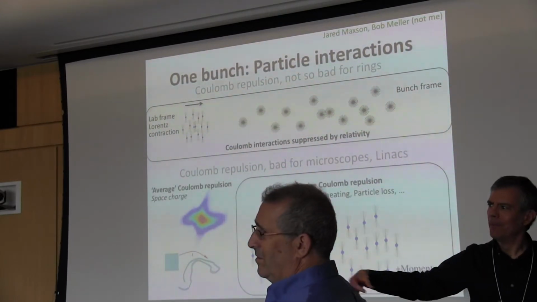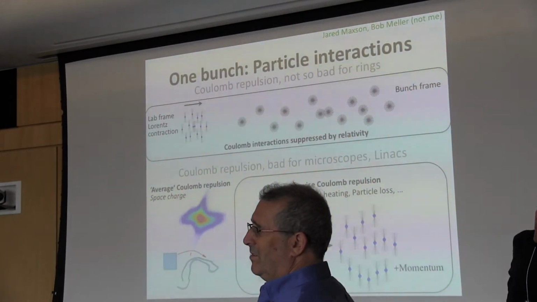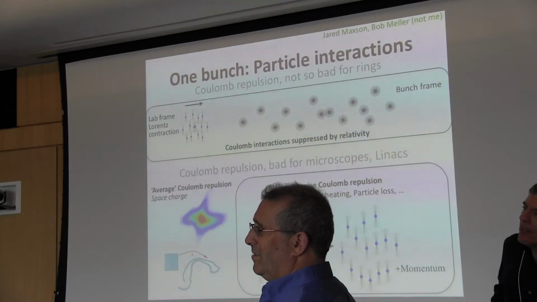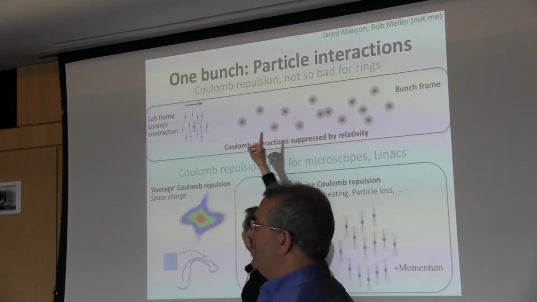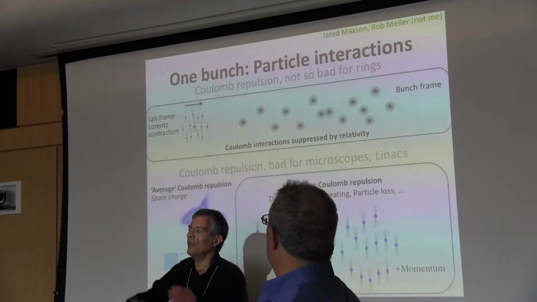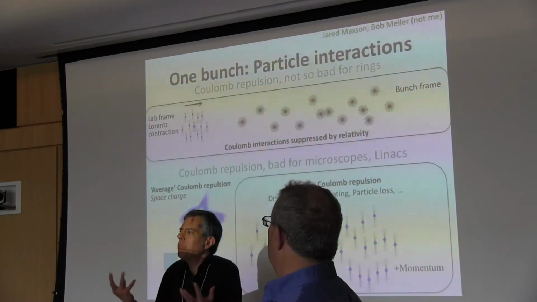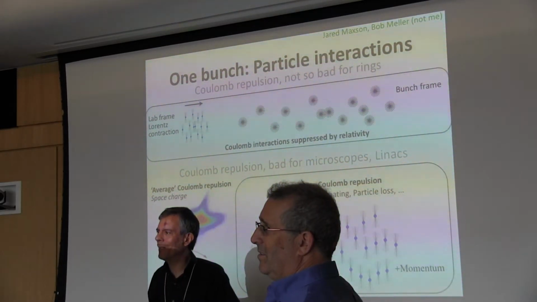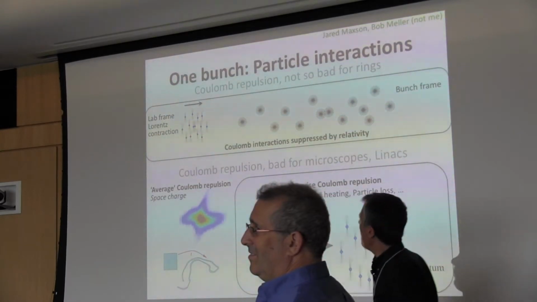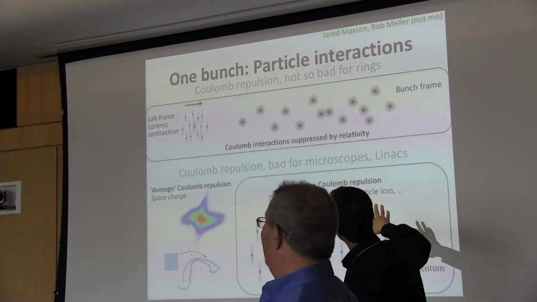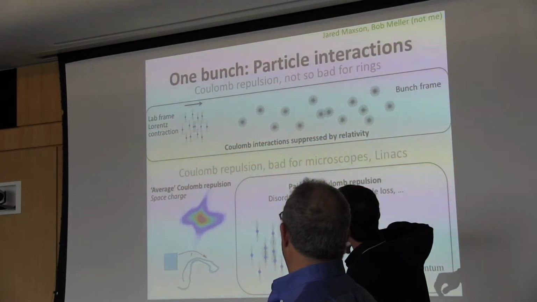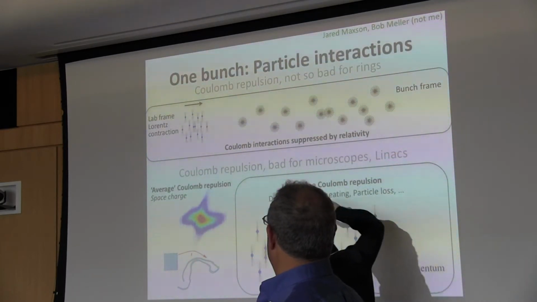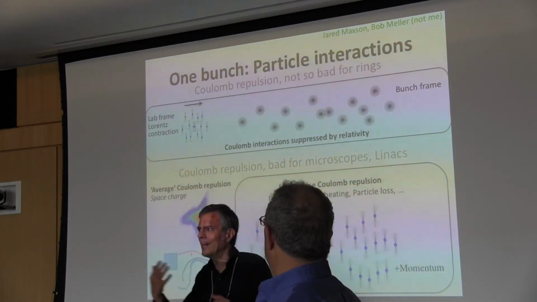Yeah. Isn't that what you want, for them to be as close to each other to be a good bunch? Yeah, you want them to be close to one another, but you don't want them to repel one another, and you can get both by just going to the speed of light. And I think another factor, I was thinking about this the other day, is that there's also a Lorentz slowing down.